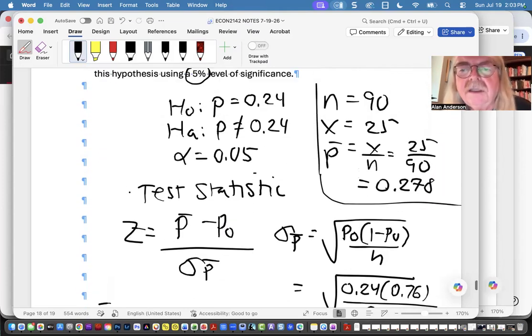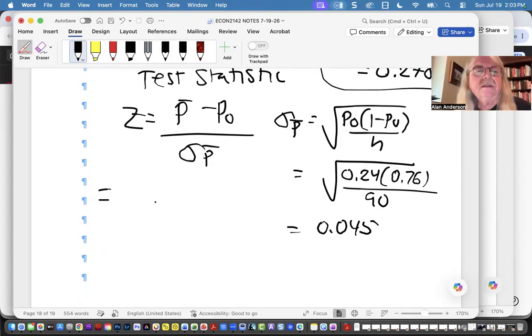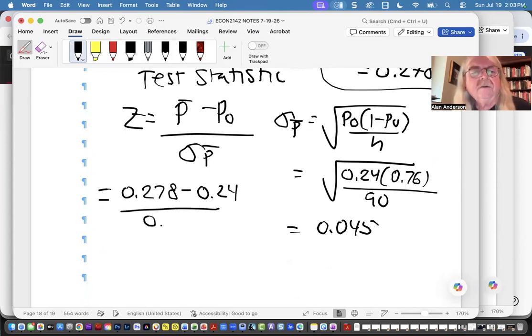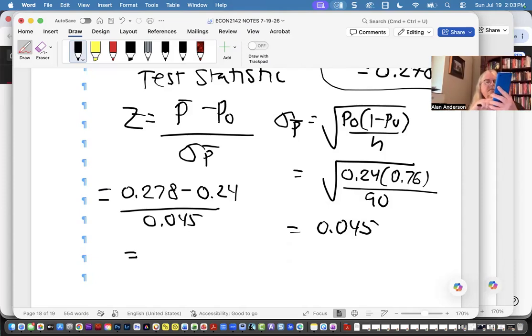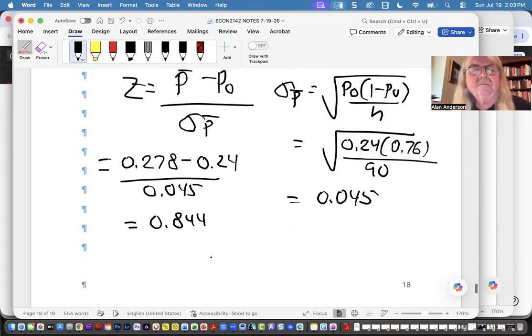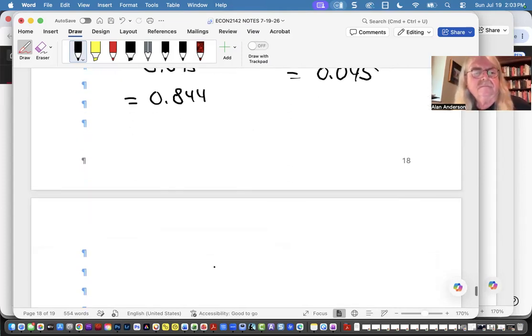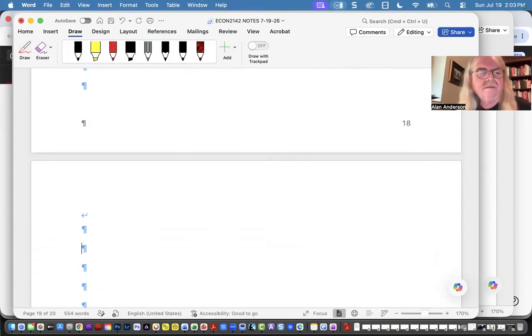P bar is 0.278 minus 0.24 over 0.045. So it's a pretty small number, 0.844.